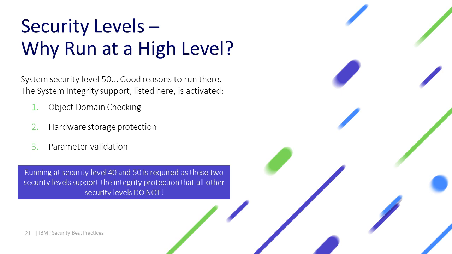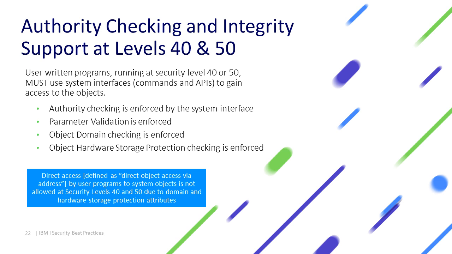What ends up happening there is that a lot of the security checks that are made when you open a file, such as whether this user has access, or a lot of the audit record generation, are controlled by the API or the CL command itself. If you can bypass those APIs or commands and go directly to an object, you'd have a backdoor to it. Not all of the security checks or not all of the audit would occur.